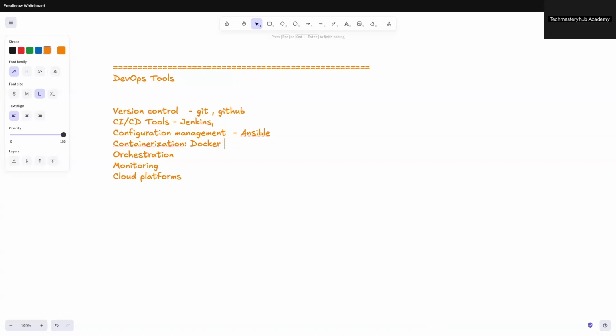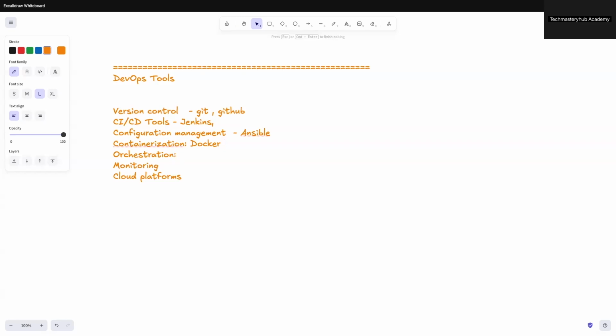That was the problem teams used to face many times. With Docker, we solve this problem. It creates a container which runs the same everywhere. So whether it's a developer laptop, testing server, or production server, the application behaves exactly the same.